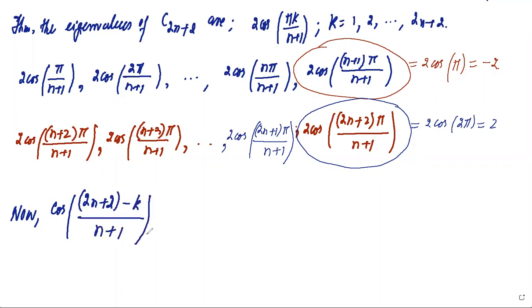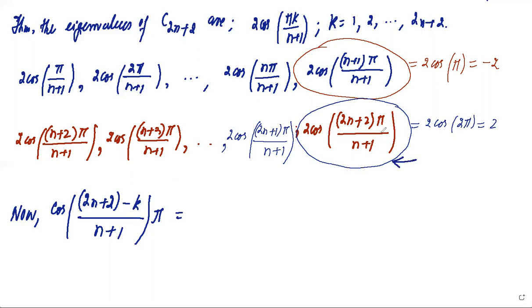This is actually the last eigenvalue; it is the eigenvalue in this list when counted from the reverse order. So this is 2n plus 2 minus k. This one is (2n+2) pi minus 0, then this is (2n+2) pi minus 1 times pi. And similarly, this (2n+2-k) by n plus 1 represents an eigenvalue in this list of eigenvalues in the reverse order.